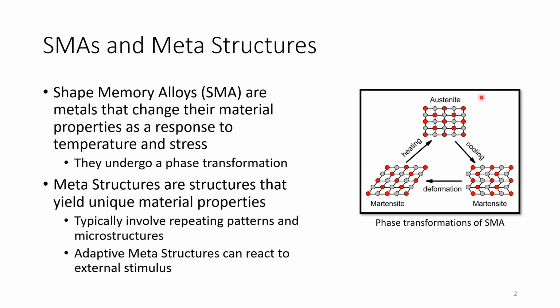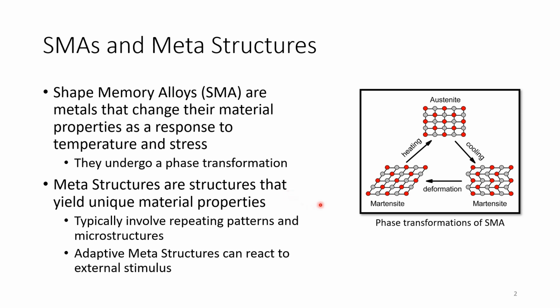You can control that transformation by adjusting the temperature of the material or putting stresses on the material. Typically, if you increase the load on a SMA, the temperature that you need to transform it goes up. But that can lead to a lot of different interesting responses whenever you're dealing with making structures out of SMAs.